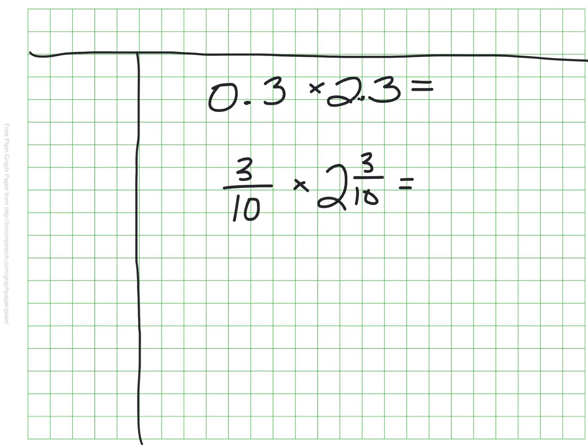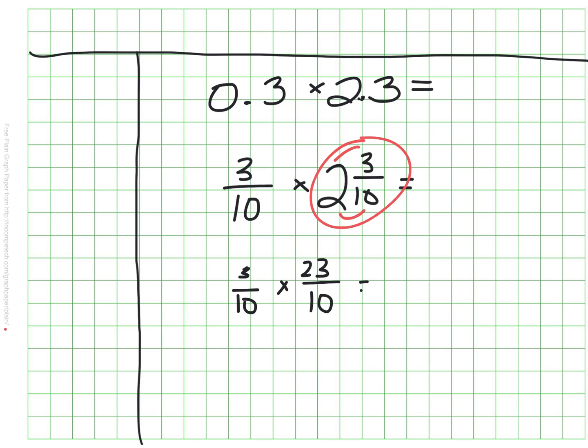To multiply these fractions, I need to remember my steps of the algorithm. The first is that I need to make sure they're both fractions. While this one's already a fraction, I will need to use my wheel process to help me turn this mixed number into an improper fraction. So I'm going to do 10 times 2 is 20, plus 3 is 23. So that's going to make this 23/10.